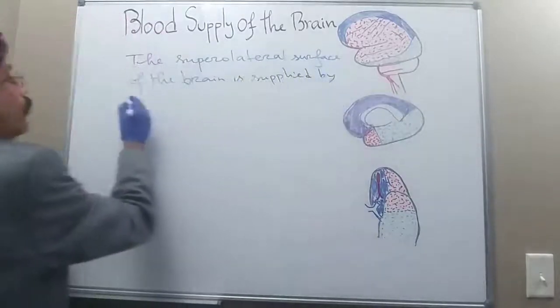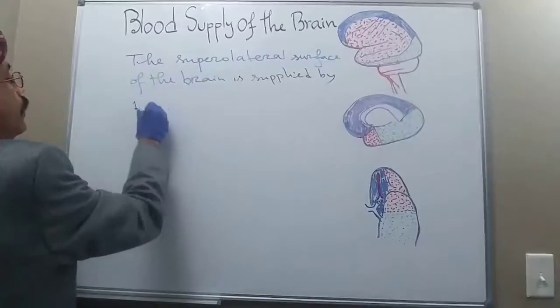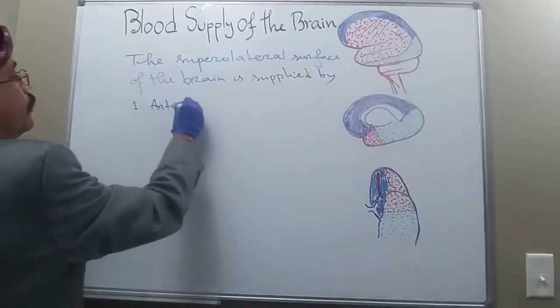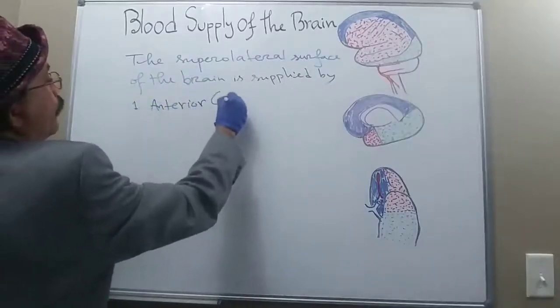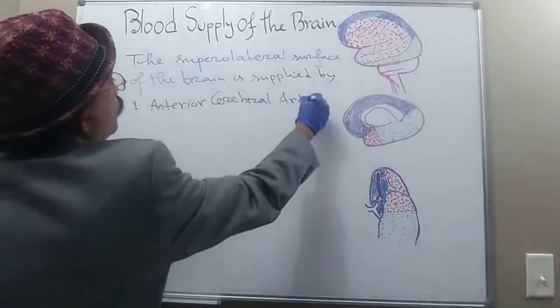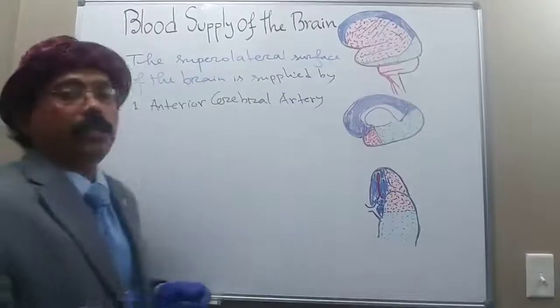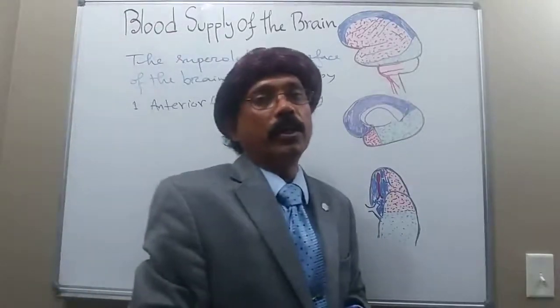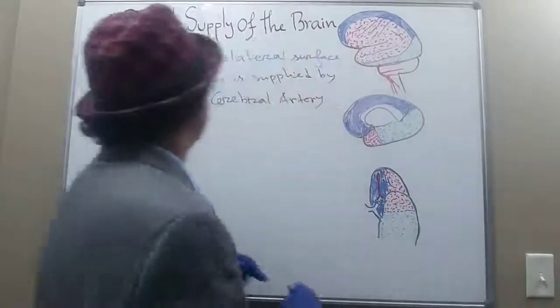we go one by one. We have the anterior cerebral artery. We know that the anterior cerebral artery is a branch of the internal carotid artery.